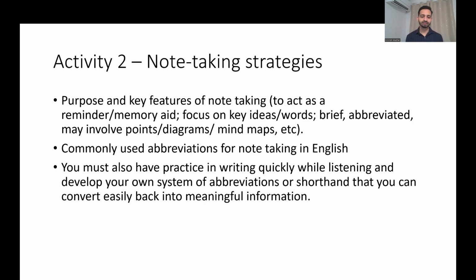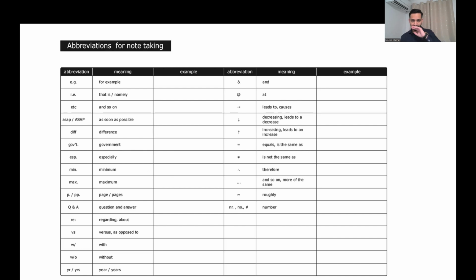As long as your shorthand writing makes sense to you, you can use it to help guide your ideas. Now, I want to show you some of the abbreviations for note-taking. These are short and quick, and these are universally used abbreviations, but you may have your own shorthand writing or abbreviations that you think will help you to recognize what the information was. All right.